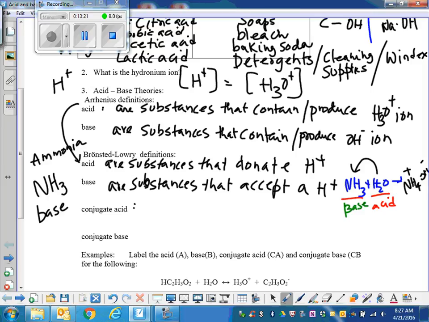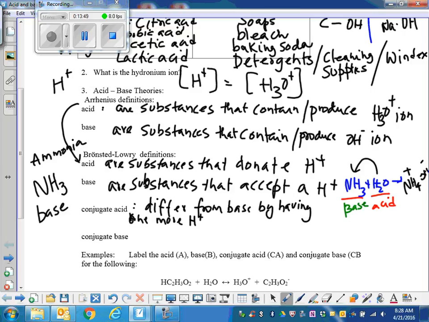Now, what are conjugate acids and bases? Conjugate acids differ from their base by having one more hydrogen plus. All right?